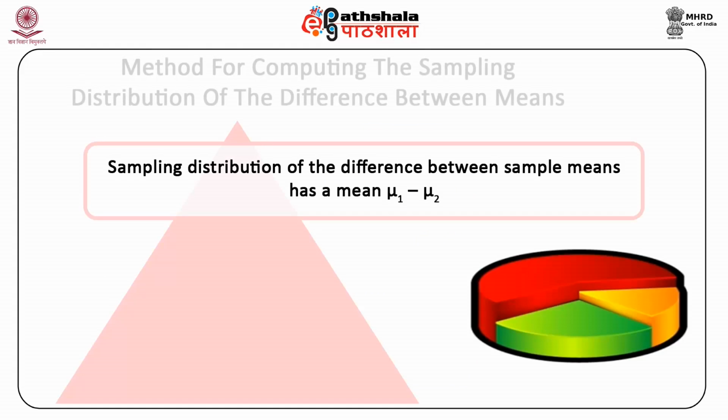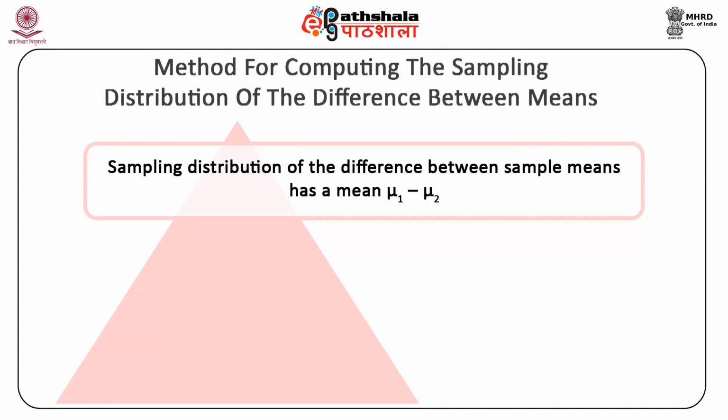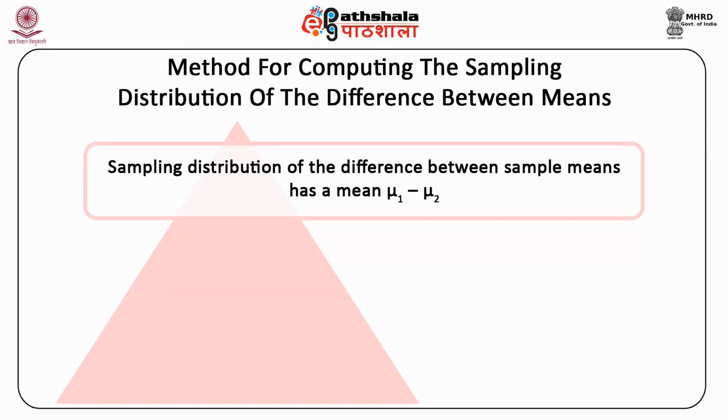The sampling distribution of the difference between sample means has a mean mu1 minus mu2.